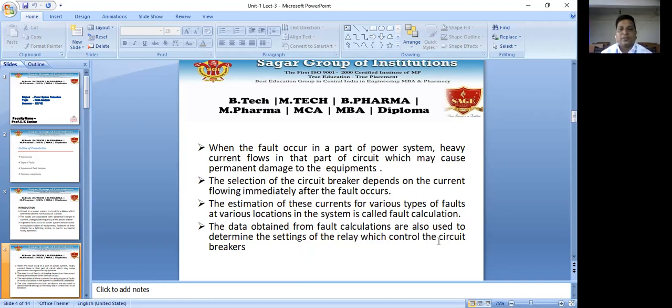The estimation of these currents for various types of faults at various locations in the system is called fault calculation. The data obtained from fault calculations are also used to determine the setting of relays which control the circuit breakers.